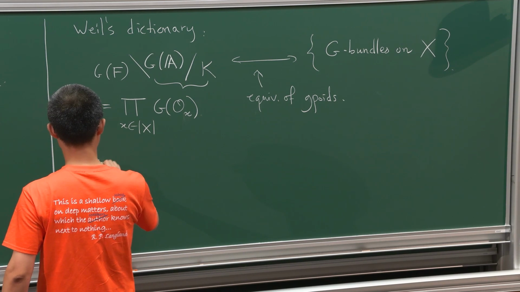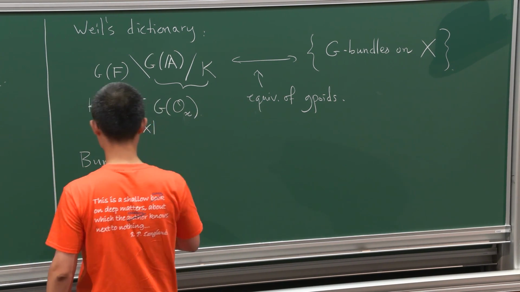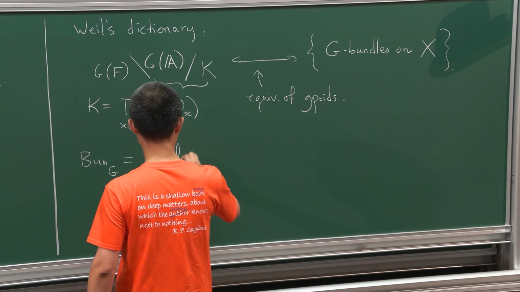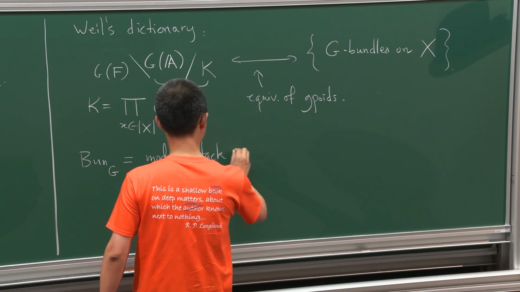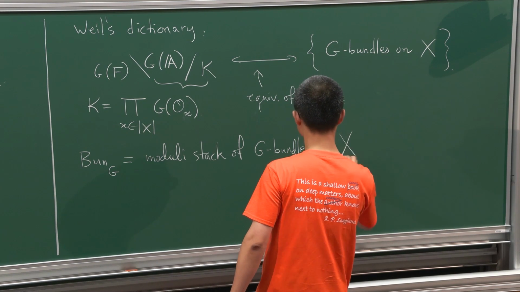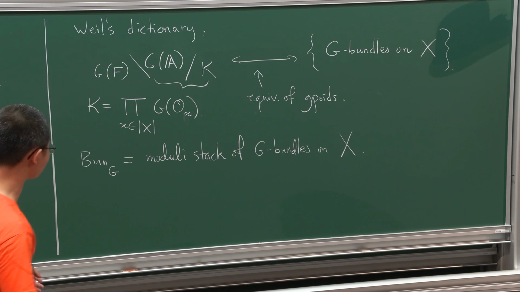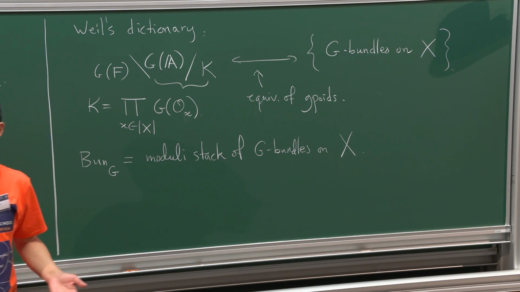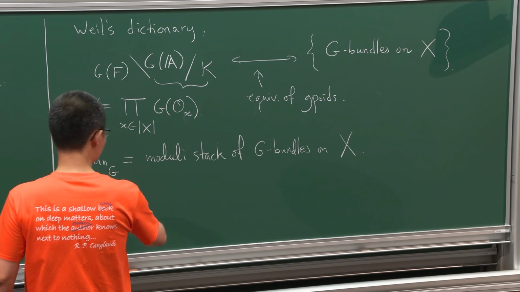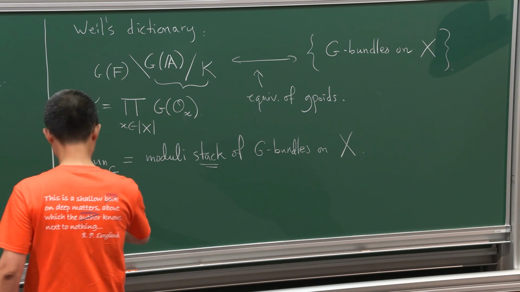Okay, so Bun_G will appear as a fundamental geometric object in the subject. This is the moduli stack of G-bundles on X. So let me give a more precise definition. And this style of definition will appear over and over again in these lectures. To give you a stack, I need to tell you its functor of points.